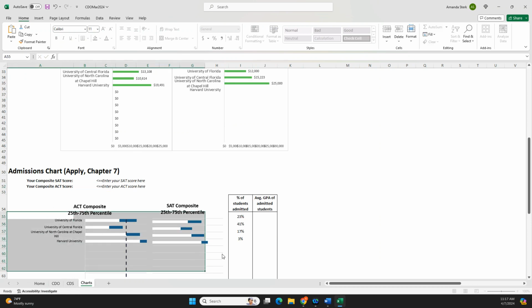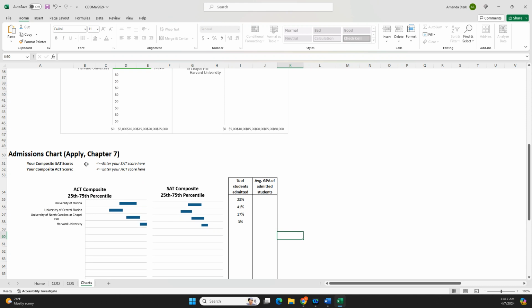We talk about this in the apply section. Once you have your SAT score, so let's say I have a 1350 and a 25, you can see how your test scores line up. It's a nice visualization and very quick to see where you are in terms of general admissions using those test scores, again looking at those percent admitted.